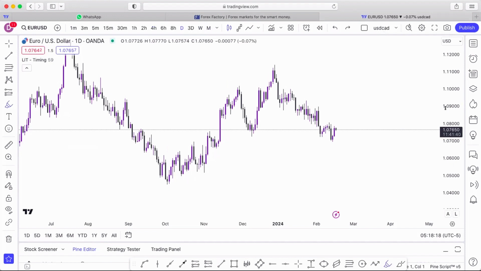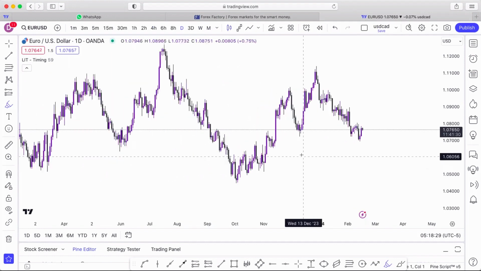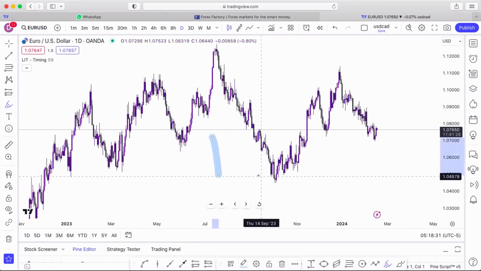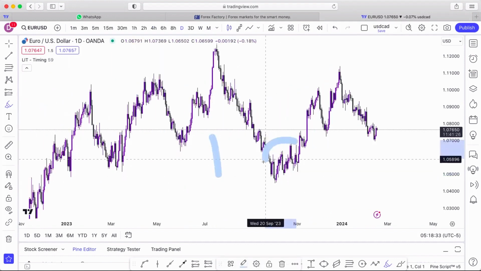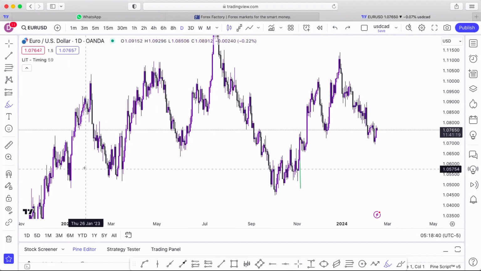Yeah, it works because I'm looking for a POI that has liquidity. It has to make sense. Let me explain. For example, if I need to look at this price action, I need to see from the left what happens.